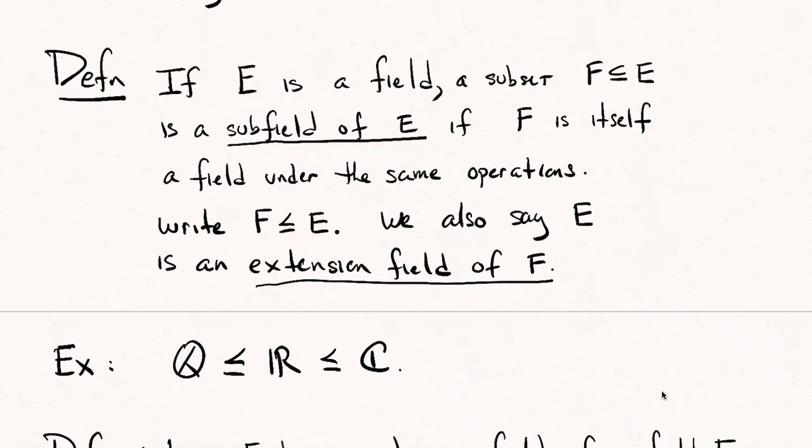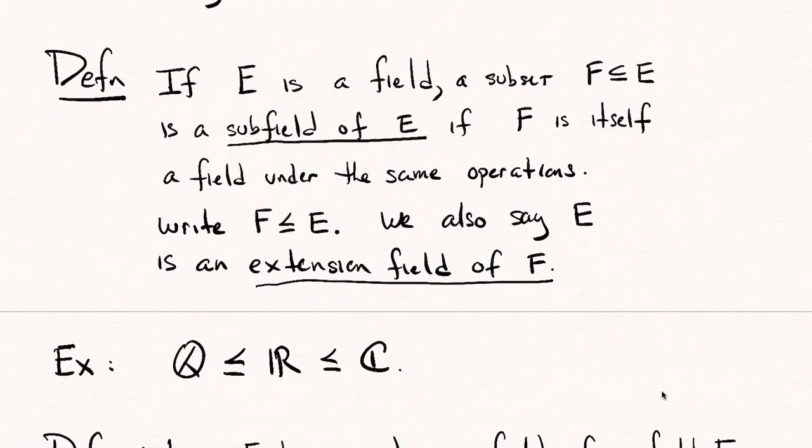So we know that it's a subfield in context if both F and E are fields. In this business, we usually start with F and make E. I'll say F is a subfield of E. It's perfectly fine. I will also say that E is an extension field of F. So those mean the same things.